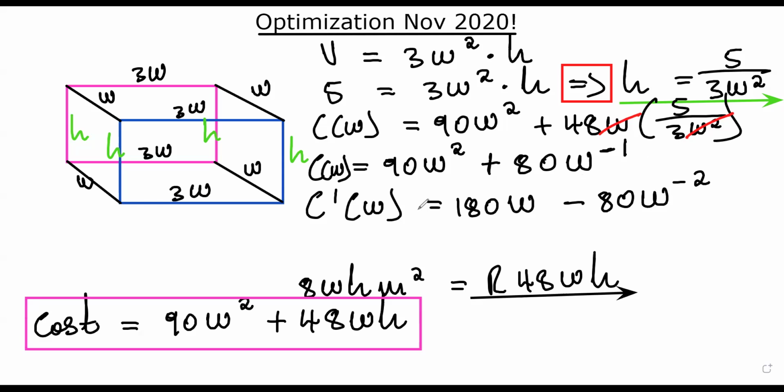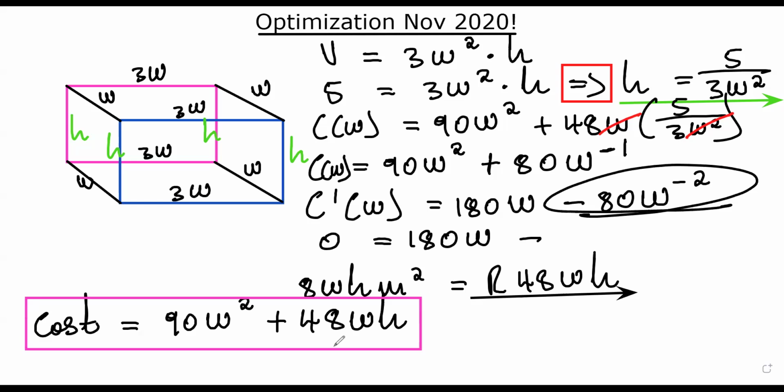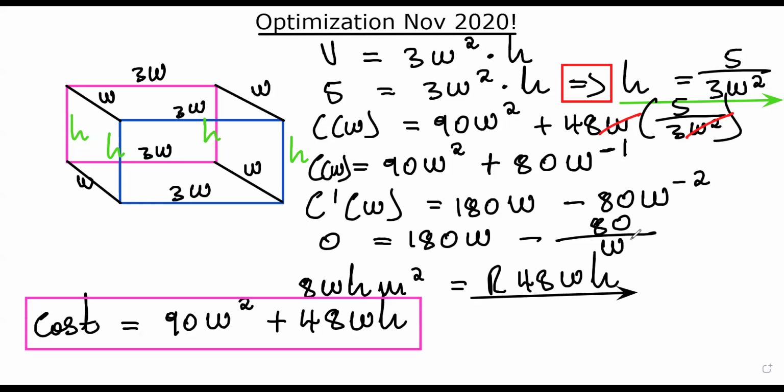But then, of course, we need to equate the derivative to 0 because we know that the minimum cost is actually implying the local minimum. Yes, that's what I wanted to say. And for the purpose of solving for W, I'm just going to write this in positive exponential form. So this is how it's going to look like.